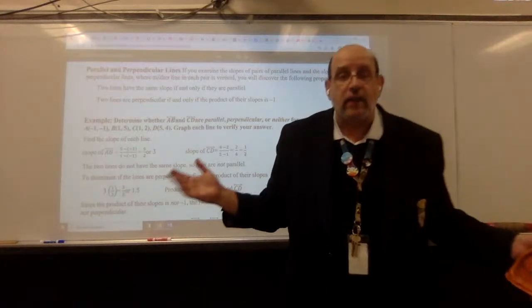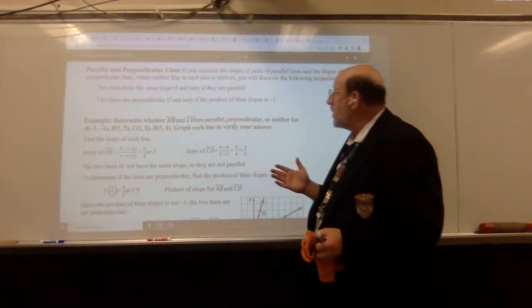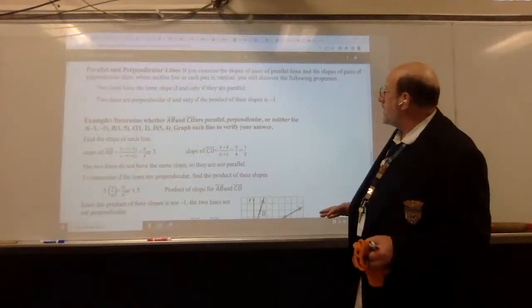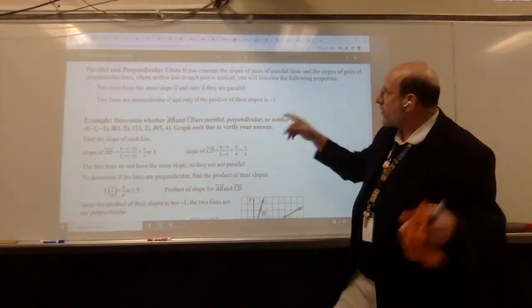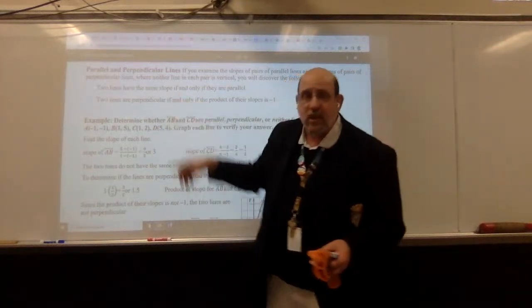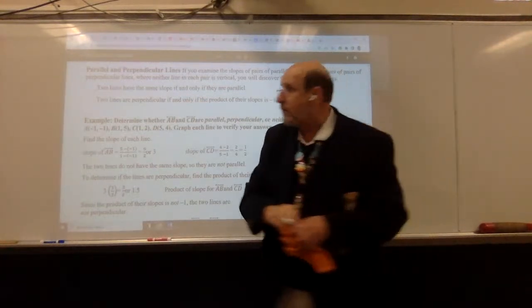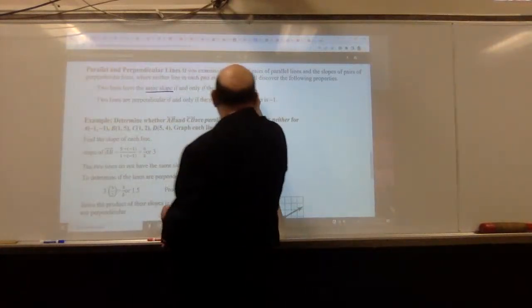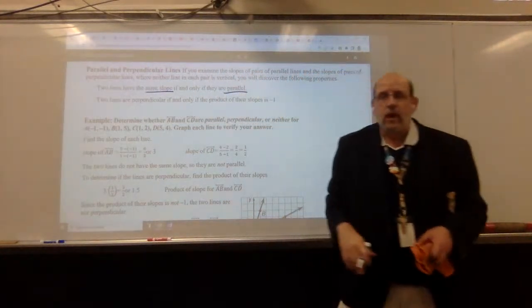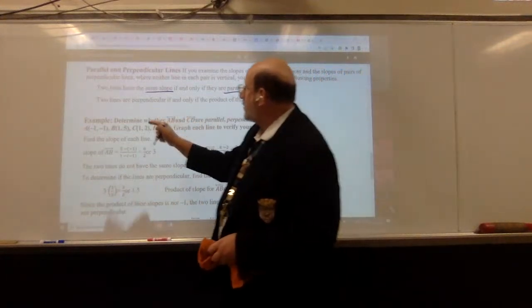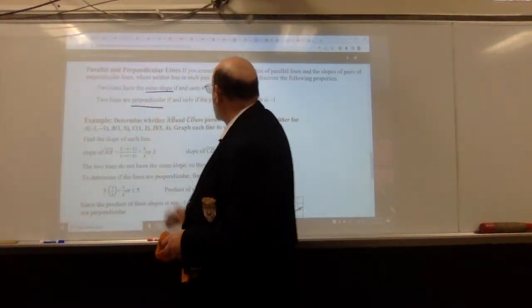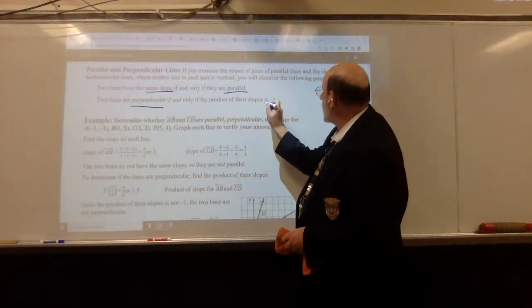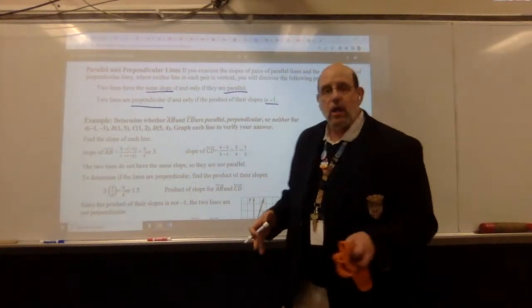or whether they're neither. And so the definition is if the two lines have the same slope, right? Same slope, they're parallel. Cool? And this next one says two lines are perpendicular if their product is -1.